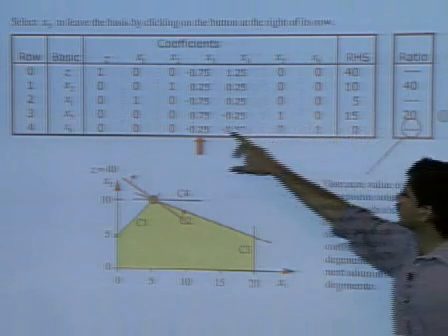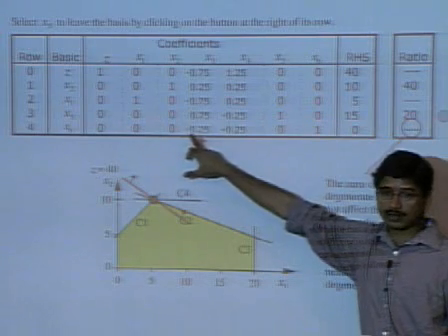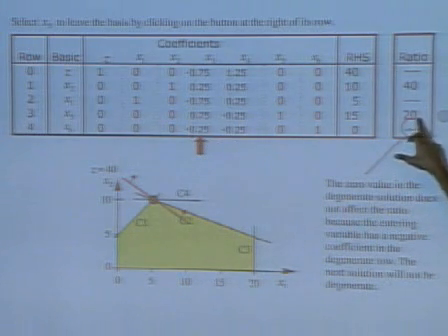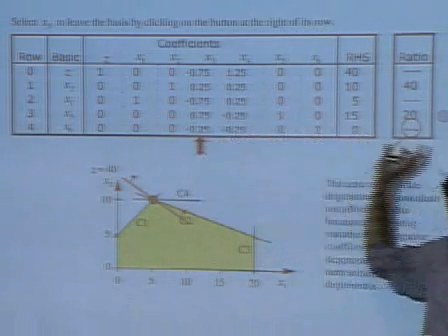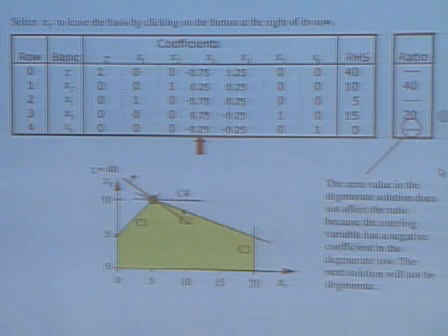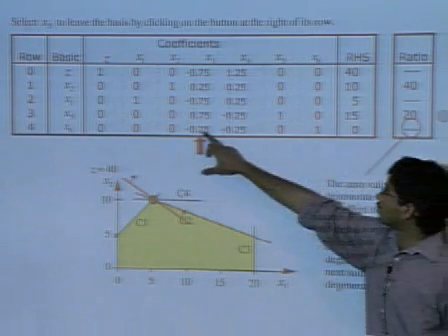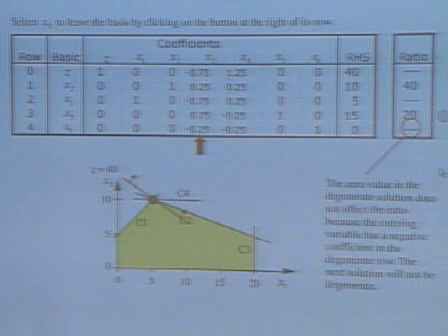But if this coefficient were plus 0.25, for instance, then this would be part of the minimum ratio test, and you would have a 0 here, and the ratio will be 0. Right? 0 divided by this positive value. And in that case, your next step, you will still have degeneracy. You will not have moved at all. You will just do what is called a change of basis. Whereas in this step, fortunately for us, this had a negative coefficient, and therefore it does not enter the minimum ratio test, so our next step will not be degenerate. Okay?